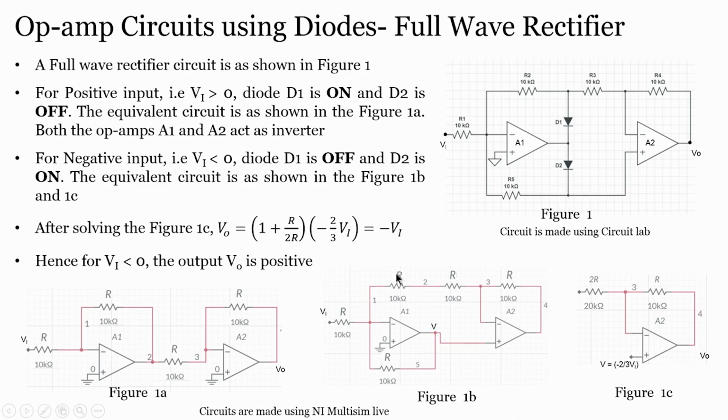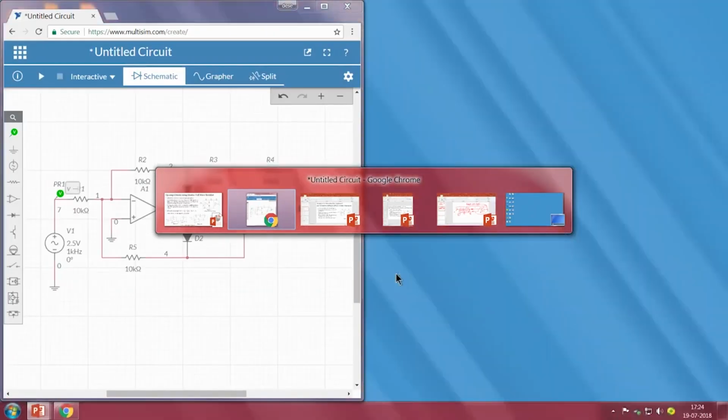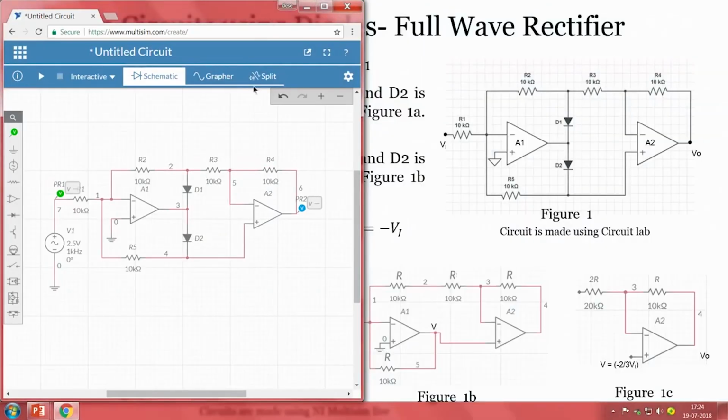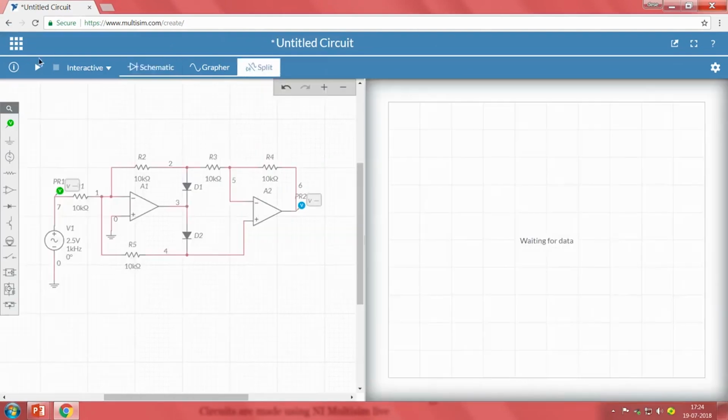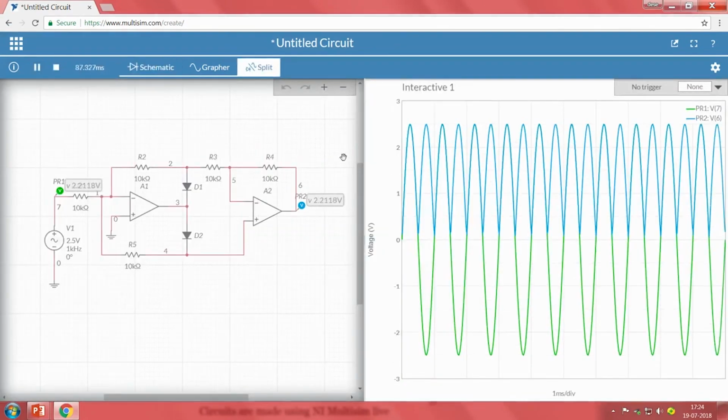Let us see whether we are getting the same response here. In order to do that I have to go to split, and let me run. Yes, when we see here, the green represents our input, whereas the blue represents our output.